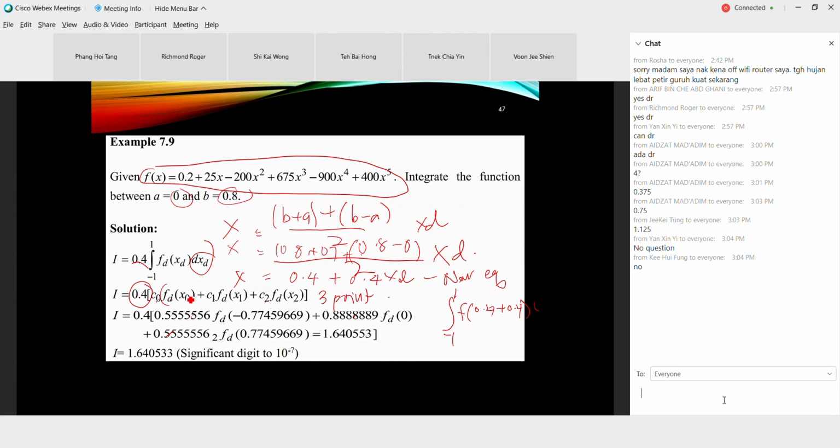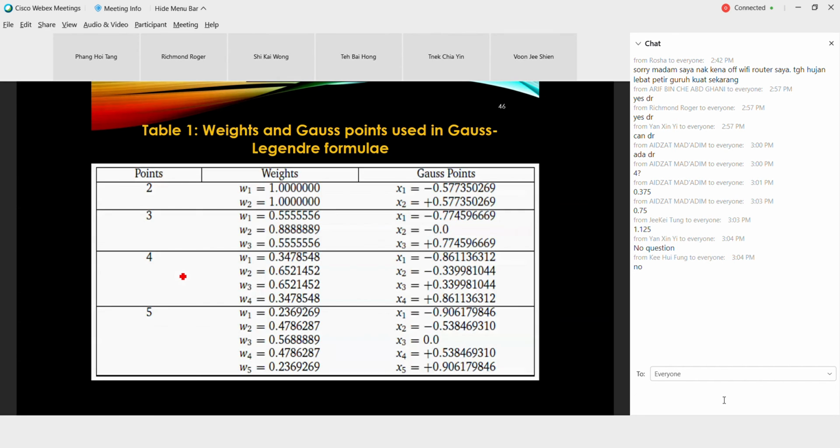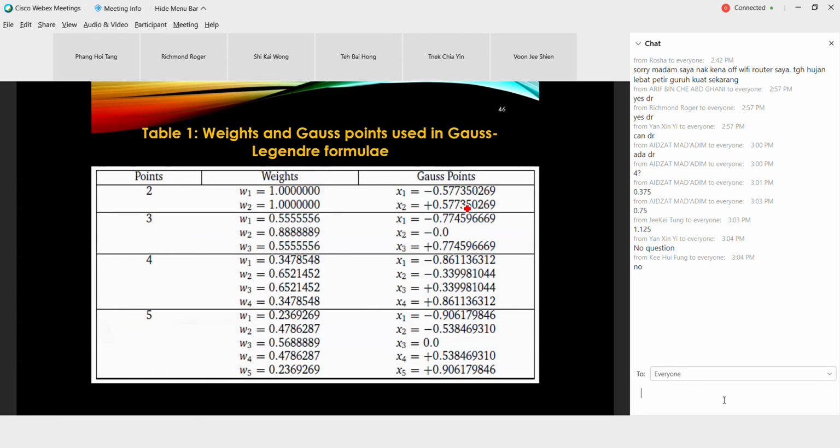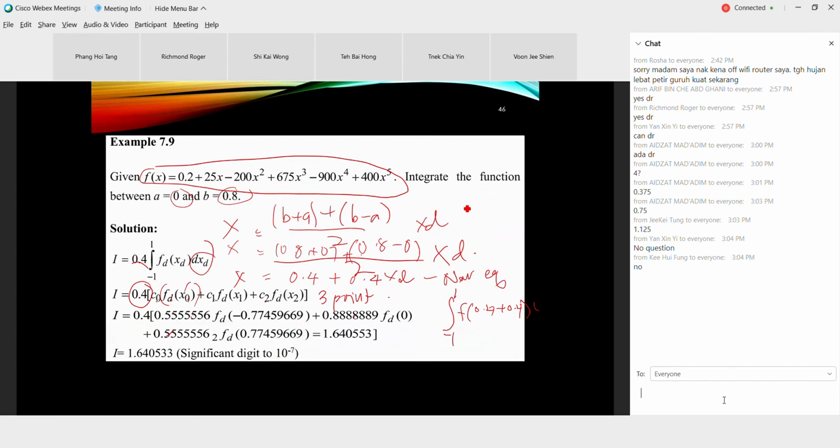However, yang ini belum lagi selesai. Okay, this will reflect. This one is, mana table dia? Negative 0.77. Okay, please insert this one, 0.77. Negative 0.77 inside here. Negative 0.77, negative 0.77, negative 0.77.